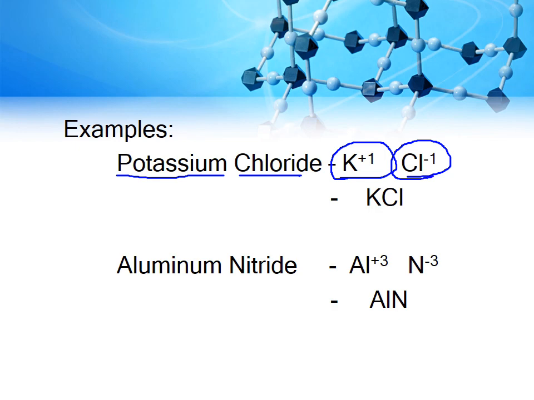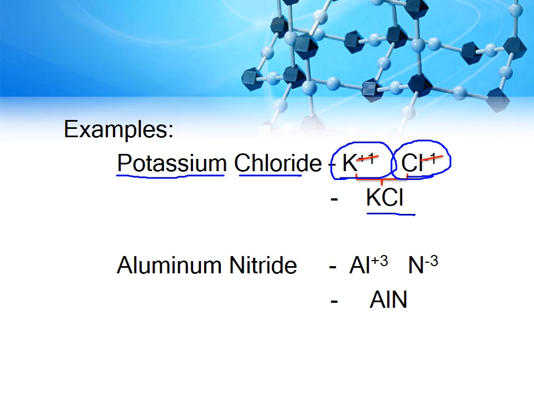According to the next step, if the oxidation numbers of the cation and anion are equal, we will just remove the oxidation numbers and combine the two ions. So here, we have now the correct formula of potassium chloride, which is KCl.